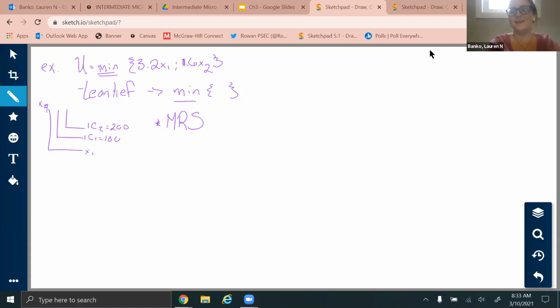So again, kind of mixed results. The answer, though, is that there is none. These Leontief preferences are actually not true functions in math.